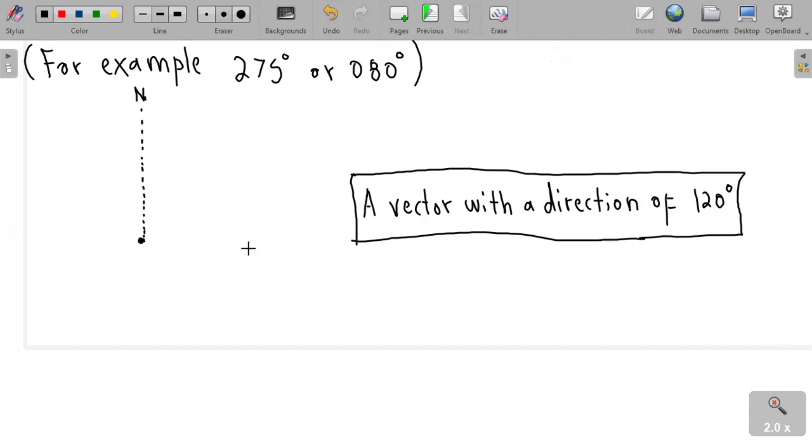So what this means is that we should go clockwise, and we go 120 degrees. We look at the north and then rotate clockwise. The 120 degrees is going to be somewhere there because it should be more than 90.